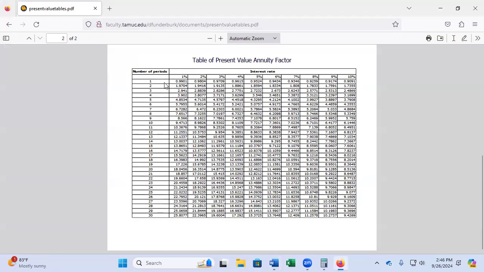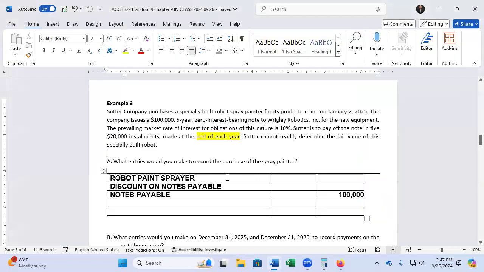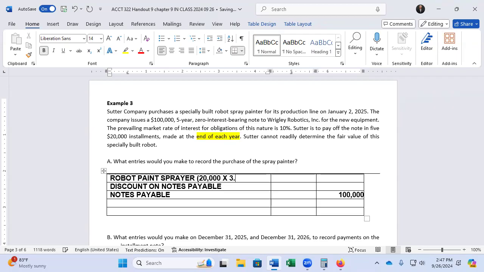So we come down here, 5 years, we go over to 10%, and I get 3.709, or excuse me, 3.7908. $20,000, which is the annuity, multiplied by 3.79, was it 08?